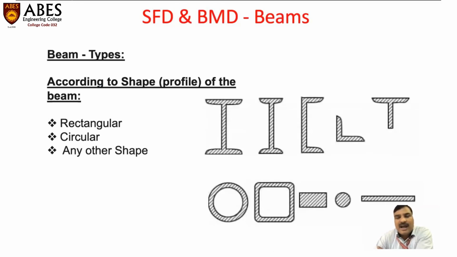So we have these types of shapes which are generally available for structural members: I section, C section, L section, T section, hollow section, which can be circular and rectangular both. And we can have solid sections, and that can be circular, rectangular, and it can take any shape according to the requirement.